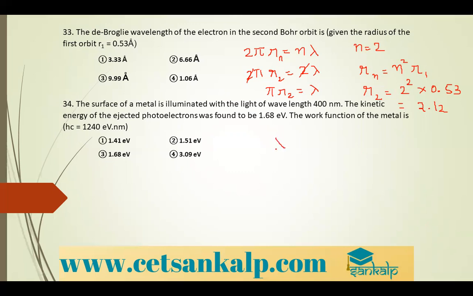So the lambda is equal to 3.14 into 2.12. 6.66 Armstrong ಬರುತ್ತೆ. So option 2. ಬರ್ಕೊಳ್ತೀನಿ.